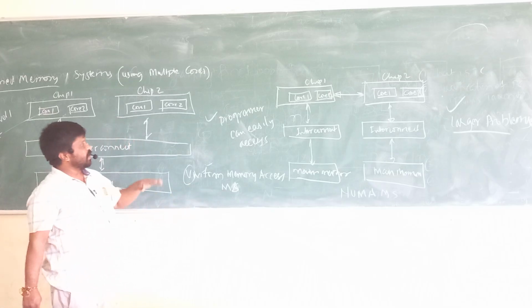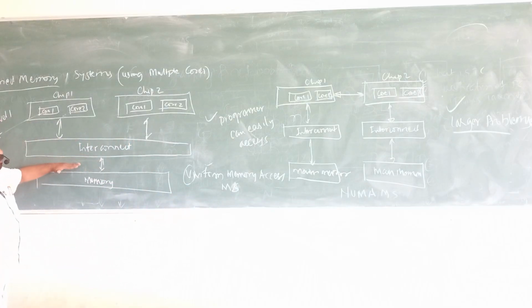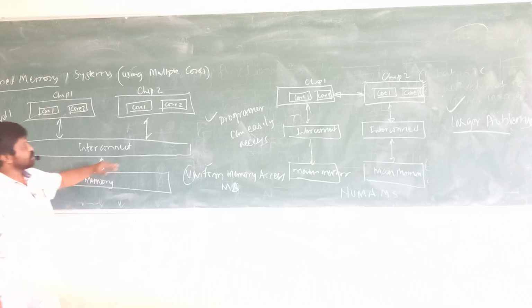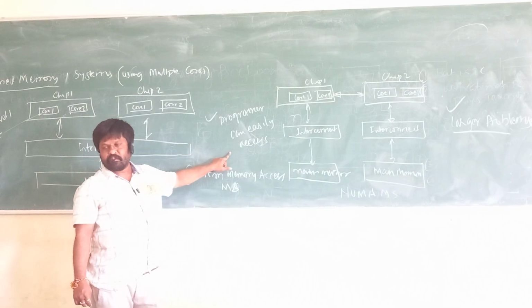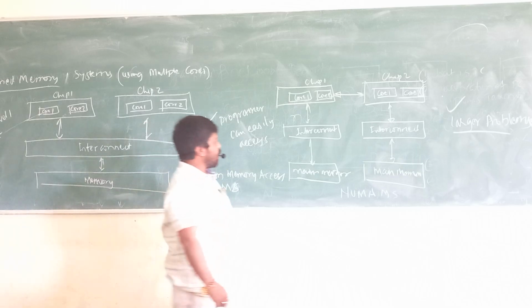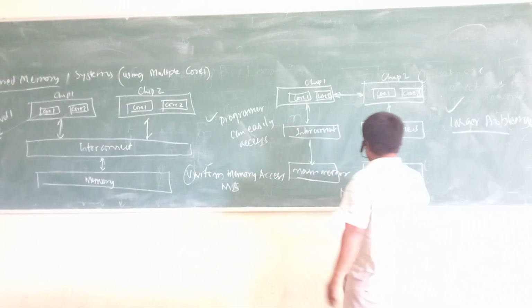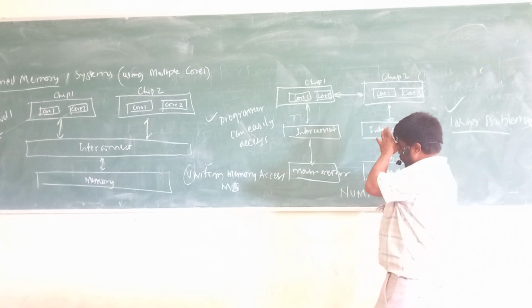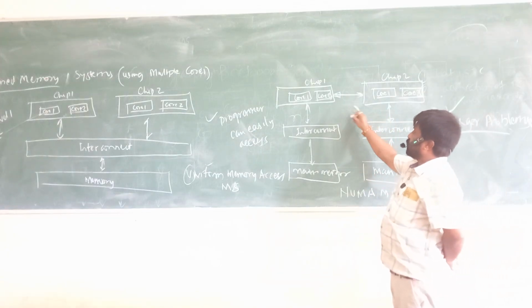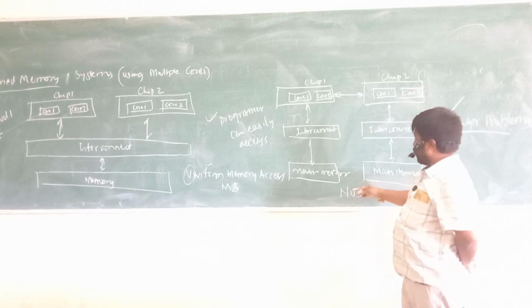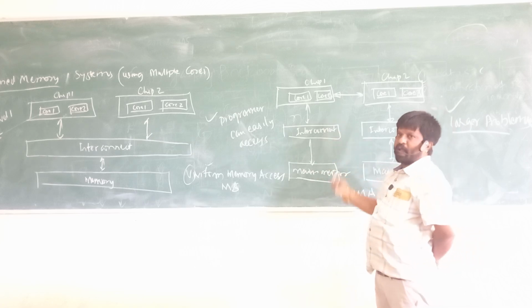The main advantage of this uniform memory access multi-core system is that the programmer can easily access the memory locations while programming. In the non-uniform memory access multi-core systems, we will have different cores on the chips, but for accessing the main memory we will have quick access.